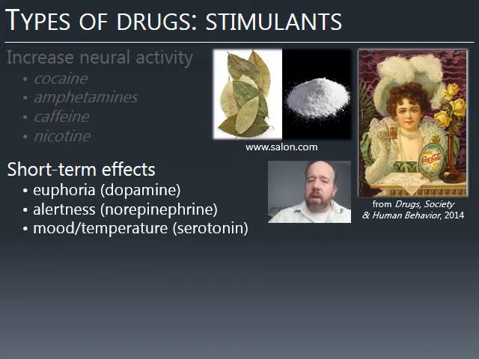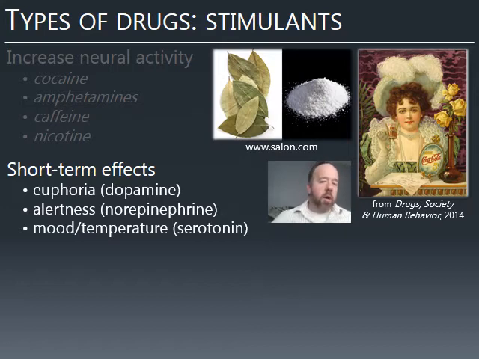These drugs can also affect mood, as well as body temperature, and these are both functions of serotonin. So cocaine in particular increases serotonin levels, in addition to keeping dopamine and norepinephrine from being pulled back into the presynaptic neuron after release. It also keeps serotonin out there in the synaptic cleft.